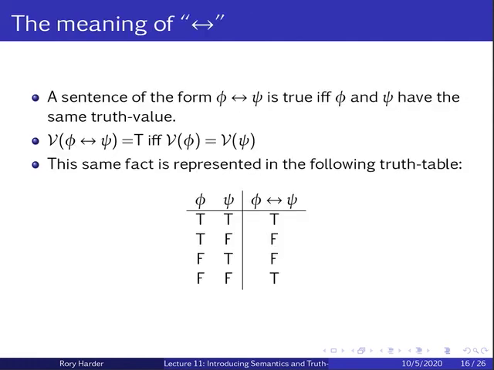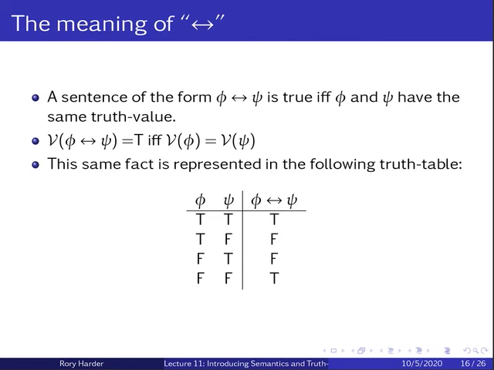So now there's one more thing, which is how the biconditional works. So a sentence of the form phi if and only if psi is true just in case phi and psi have the same truth value. So that corresponds to our fancy mathematical statement from earlier, which is that the valuation of the biconditional phi if and only if psi is true just in case the valuation of phi equals the valuation of psi.